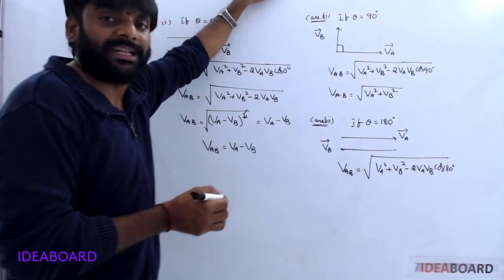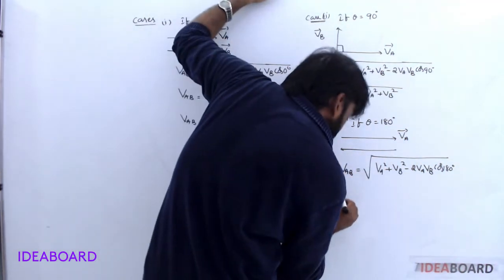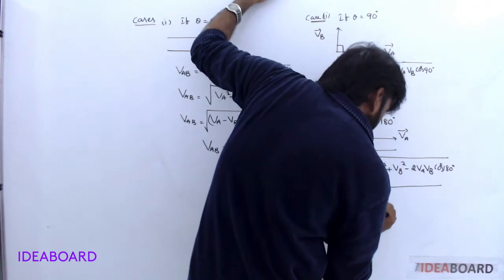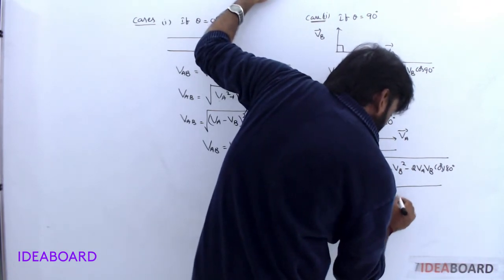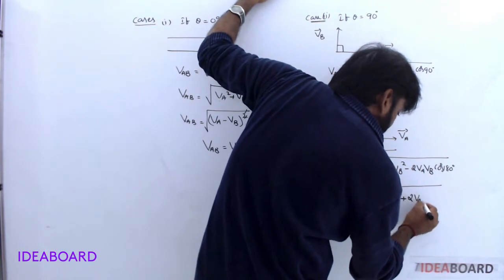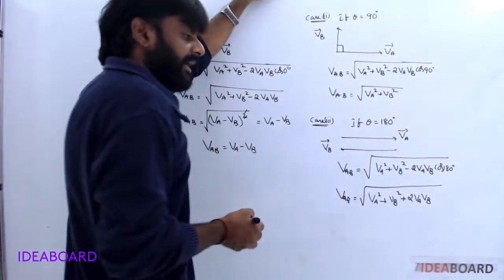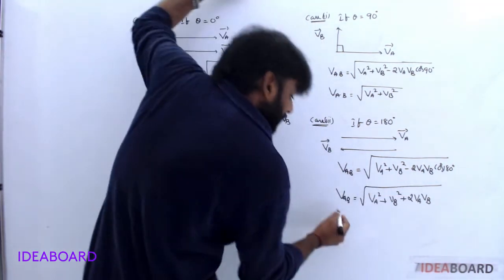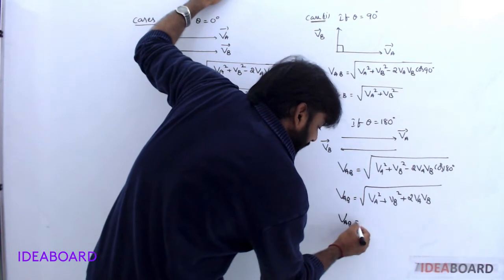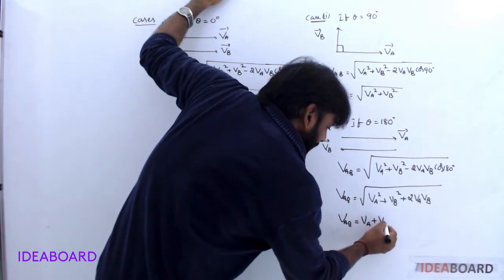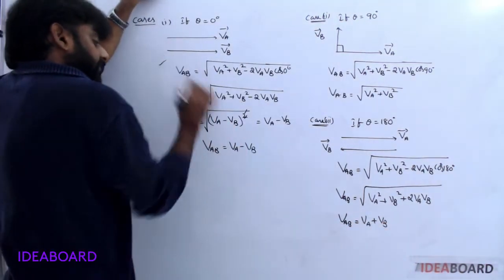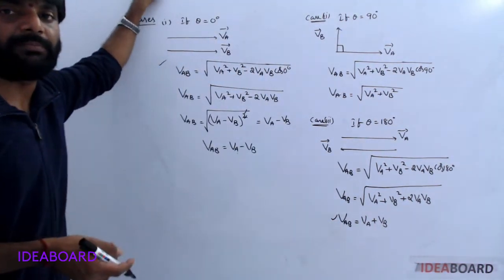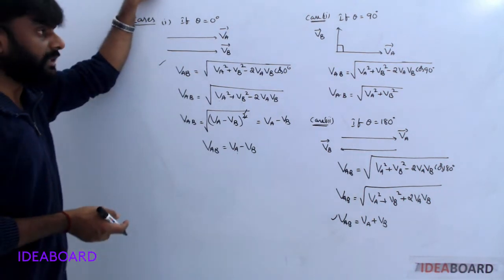Cos 180 is minus 1, minus of minus is plus. So it is VA square plus VB square plus 2VA VB, the A square plus B square plus 2AB formation. So A with respect to B is VA plus VB. See here, in the same direction VA minus VB, in the opposite direction VA plus VB. Understood? Okay, these are the cases.